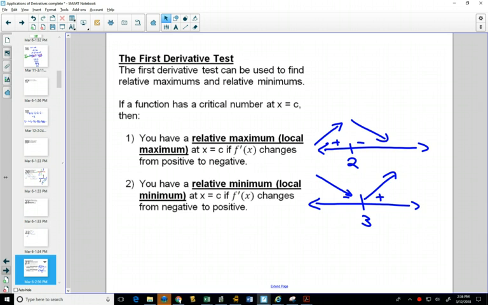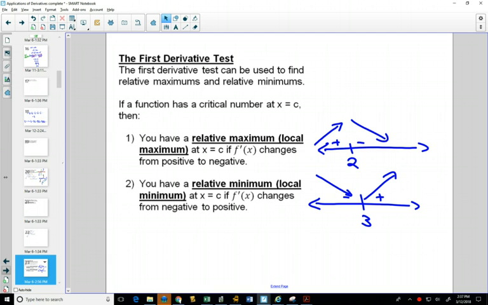And if your derivative is positive before a critical number, and then your derivative is negative after your critical number, you would have a local maximum. And you can see that from your sign diagram. If your function's increasing and then decreasing, the only thing that makes sense is at that point you would have a maximum.